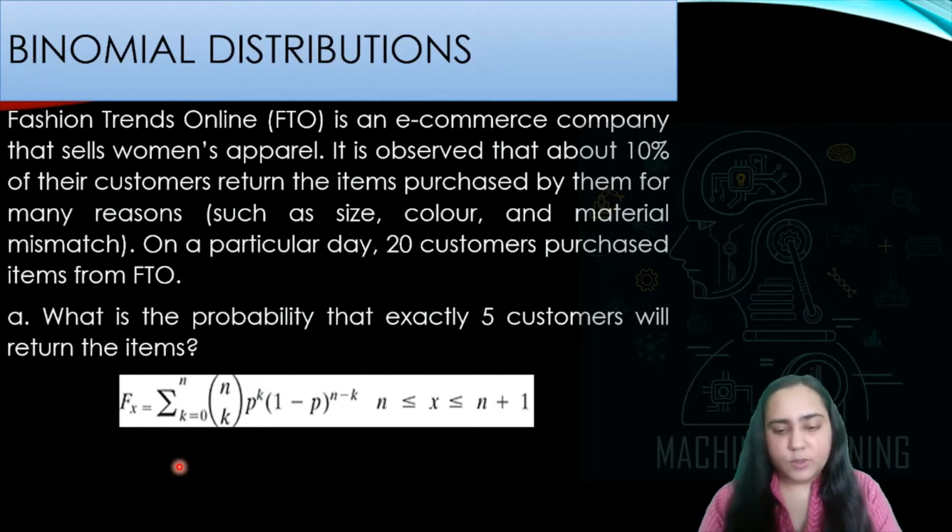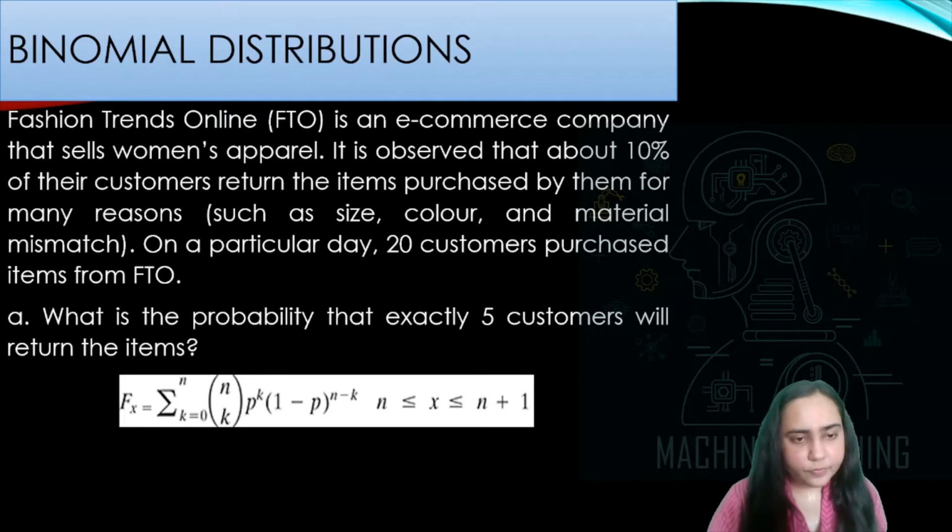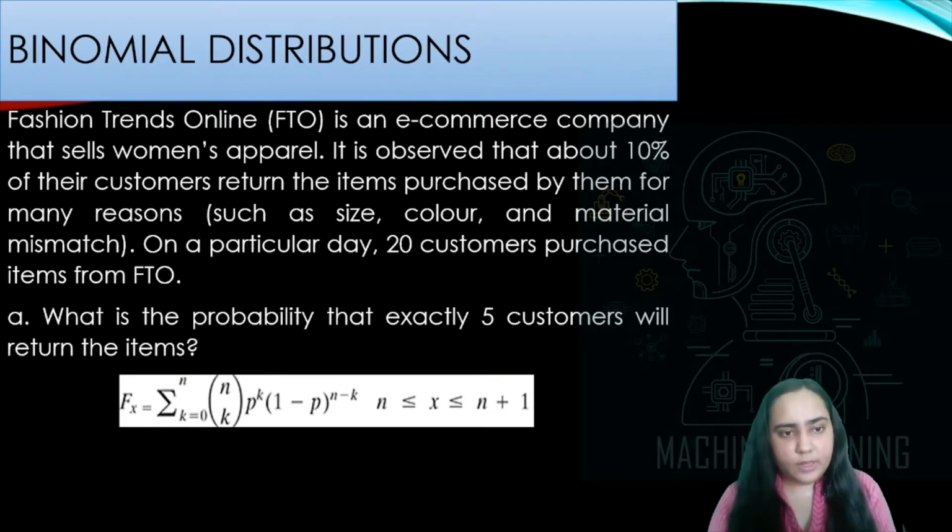We are just going to be using this formula here, and the formula states that you require the values of p, n, and k. So we are going to see how you can equate those values here. First of all, you need to remember that in this case, what we are trying to find is the probability that X, which is our random variable, is equal to 5, because we want the probability for exactly 5 customers to return the items.